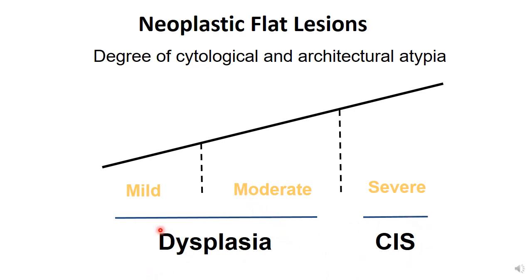When you have mild and moderate cytological atypia or architectural atypia, they are defined as dysplasia, and severe dysplasia in urinary tract specimens is considered equivalent to flat carcinoma in situ. So do not use the word severe dysplasia like it is prevalent in some other organ systems. For the urinary tract system, severe dysplasia is equivalent to flat carcinoma in situ.